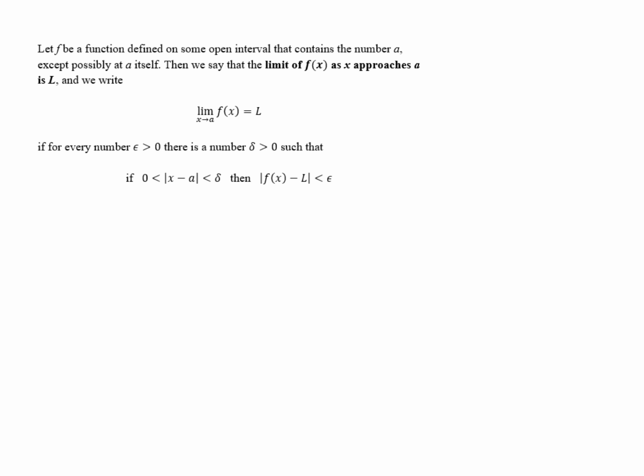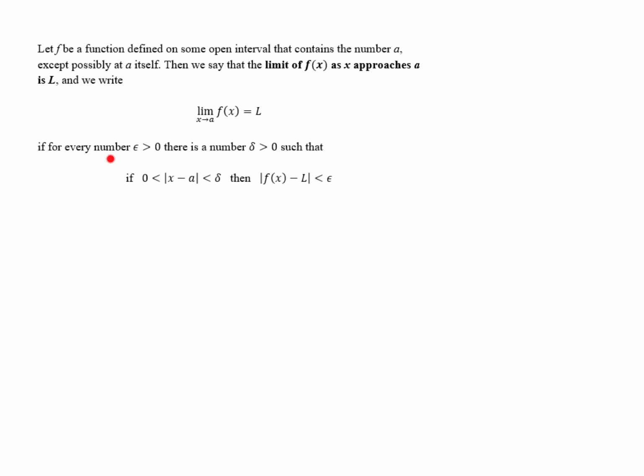Then we say that the limit of f of x as x approaches a is L, and we write the limit as x approaches a of f of x equals L if, and this is the key, and this is also going to be something that most of you will find complicated when we look at it first, but this is how we close those loopholes.